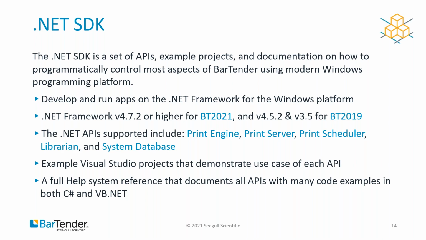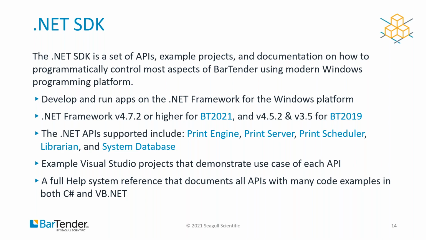of course, with the .NET SDK and the various APIs, we're looking at the .NET framework for the Windows platform. So this is not to be confused with .NET Core, which is a platform independent part of the .NET. So you need the full fat Windows .NET framework at the present time.